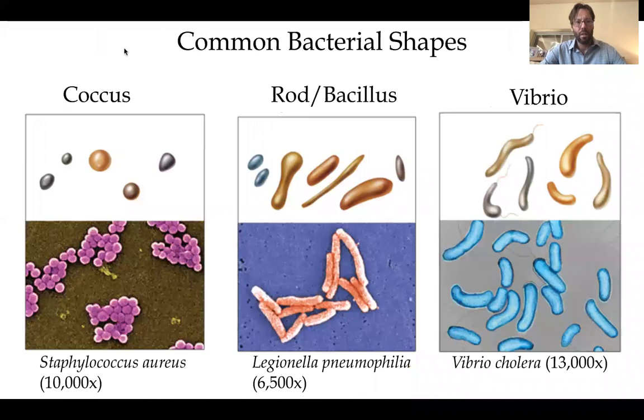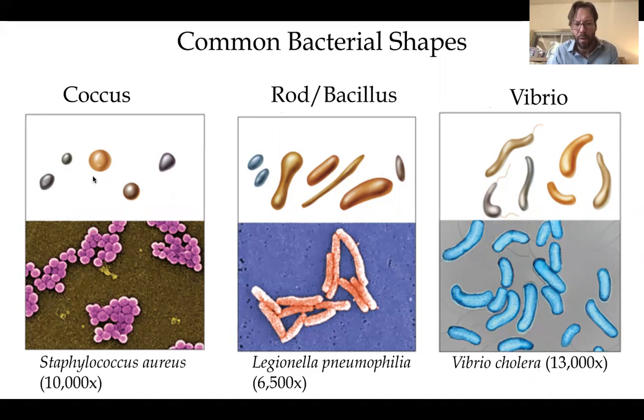So here is the cocci, which is going to be mostly spherical, right? Some slight modifications, but for the most part, a sphere, a ball. And this is an image of a Staphylococcus aureus or Staph aureus. Staph means that these circular cocci cells are grouped together in irregular clusters of like grape-like formation.